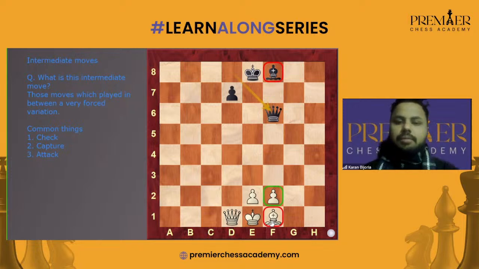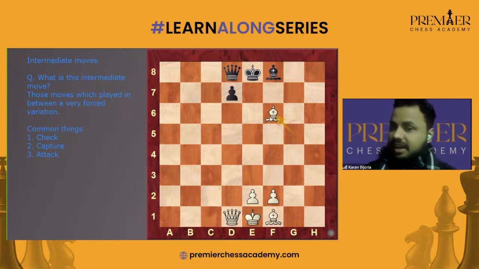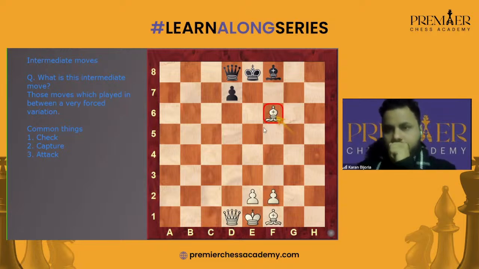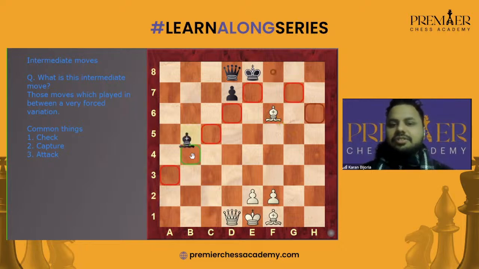But let's go back. In this position, rather than capturing the bishop, can you guys see the intermediate move here, right? So yes, absolutely. For those of you who found the correct answer, the answer is bishop to b4.